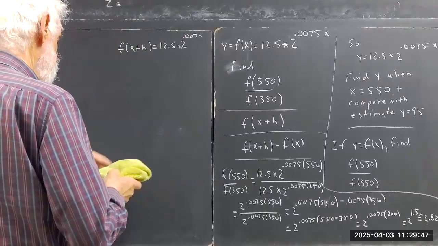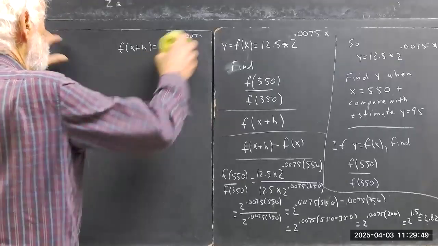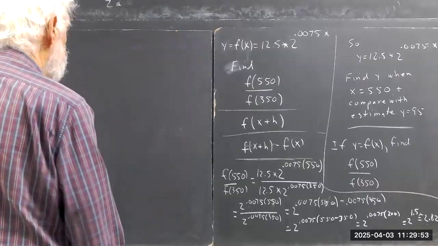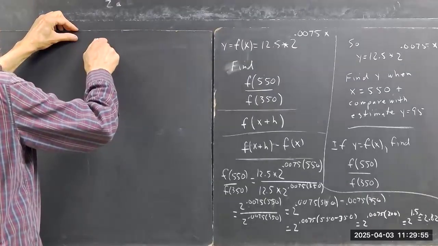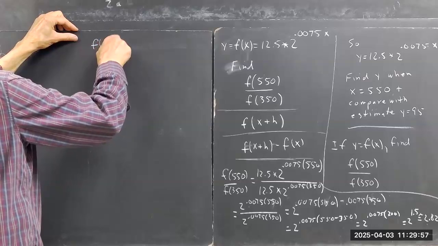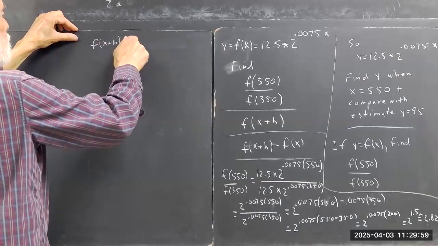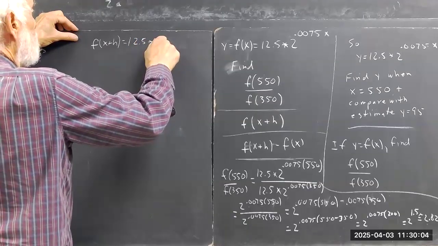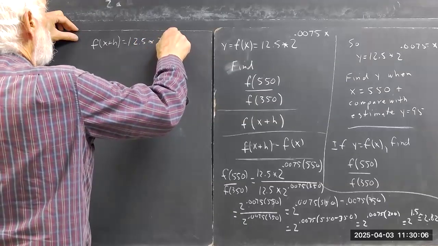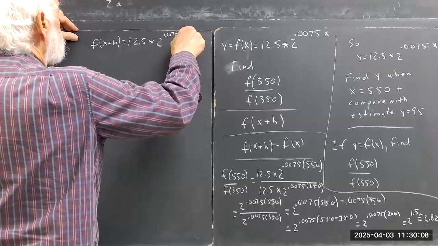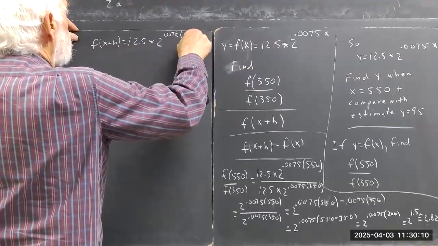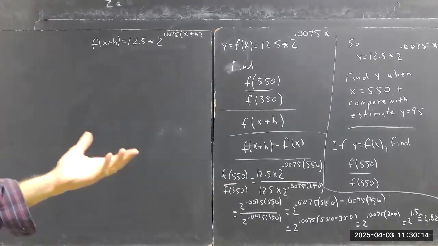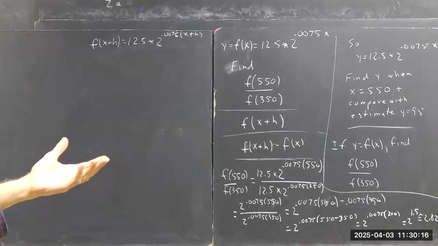So f of x plus h equals 12.5 times 2 to the 0.0075 times x plus h. That's all. Okay.